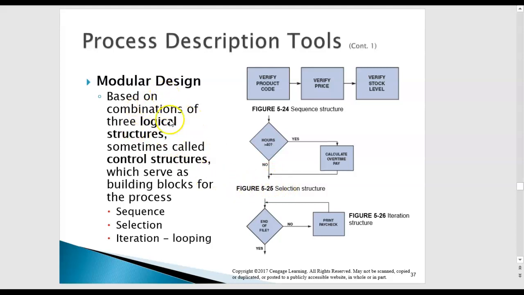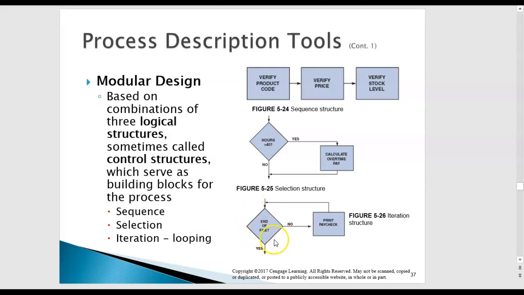Most of these process description tools involve 3 logical structures, which are sequence, selection, and iteration. The sequence tells you what to do next, the selection tells you what part of the information to pick, and the iteration tells you how long you should be doing this, or when to stop the loop and then move on to the next step in the sequence of your process.